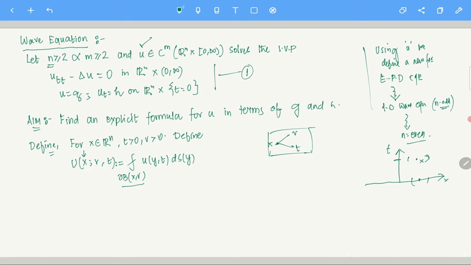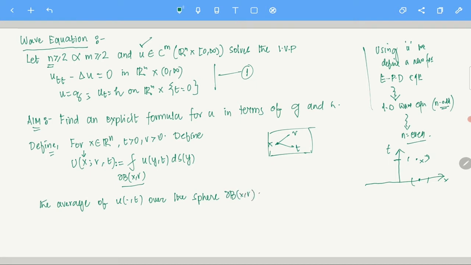So what is it? Basically, this is the average of u(·,t), for fixed x, over the sphere ∂B(x,r).